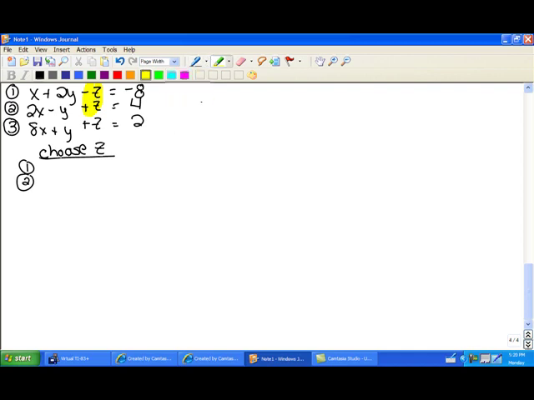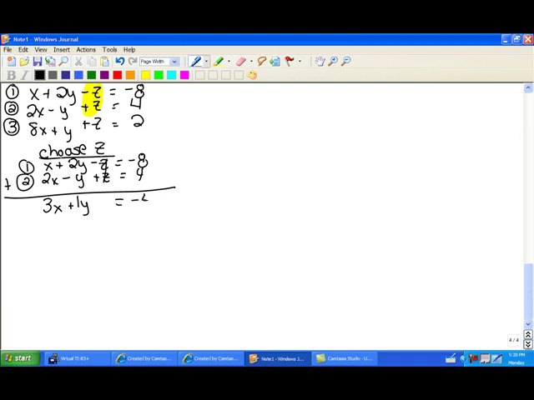So I can just copy down 1 and 2 and add those equations together to eliminate my z. When I add them together, I'm going to have 3 of my x's plus 1y, my z's eliminate, equals negative 4.